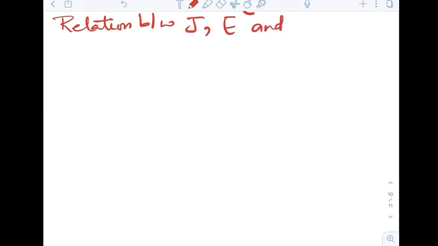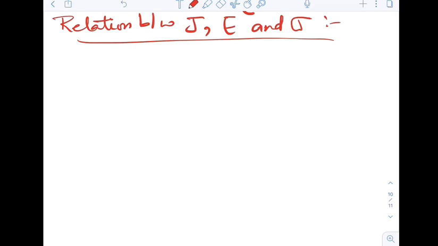Next up, we have a very important topic, a relation between current density, electric field intensity, and conductivity, relation between J, sigma and E, or J, E and sigma.